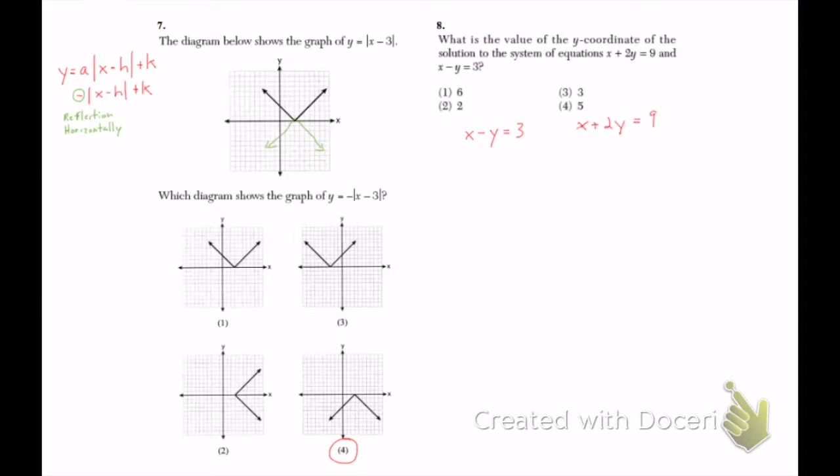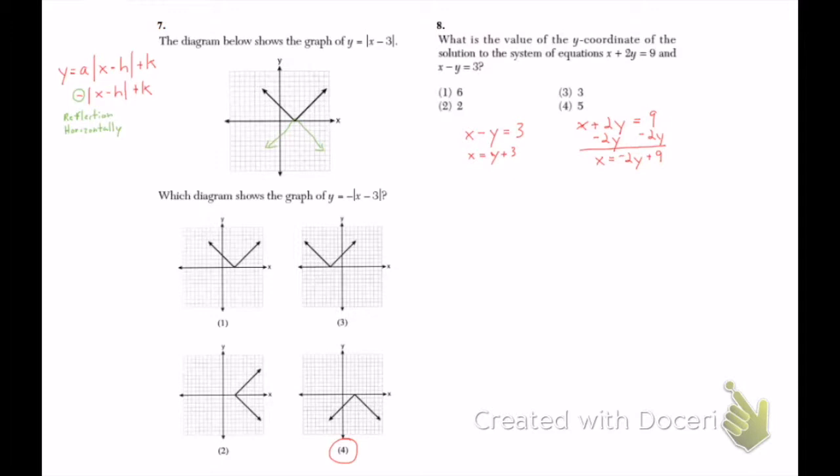To make them both equal x, we could bring over 2y, and we have that x is equal to negative 2y plus 9. The equation on the right hand side is ready to go. For the other, we would have x equals y plus 3. Now both equations are ready to go.